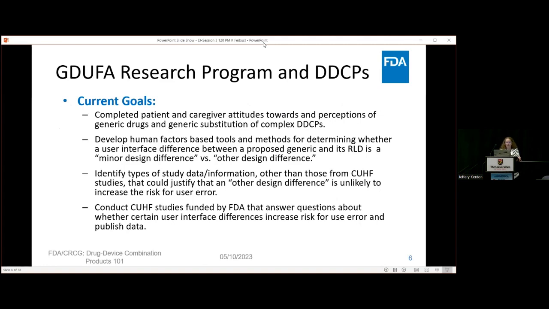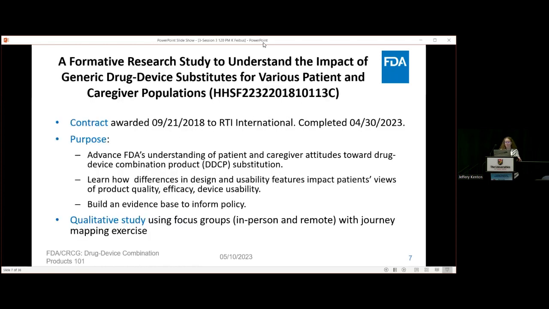And again, looking at what kinds of data can support and justify other design differences that are identified through comparative analyses. We're also hoping to conduct some studies that can actually get some data out into the published space.